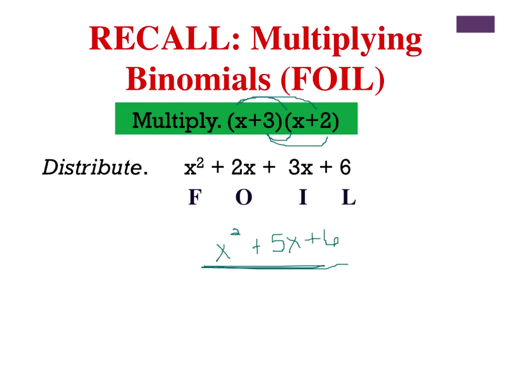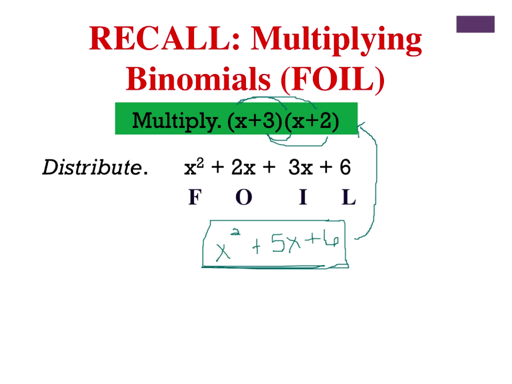Now what we want to do is take our answer of x squared plus 5x plus 6 and work backwards to get those binomials of x plus 3 and x plus 2. So we're trying to see, here is what we have as an expression, x squared plus 5x plus 6. Can you find it in factored form?